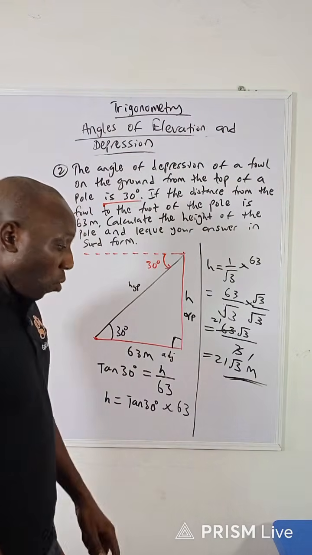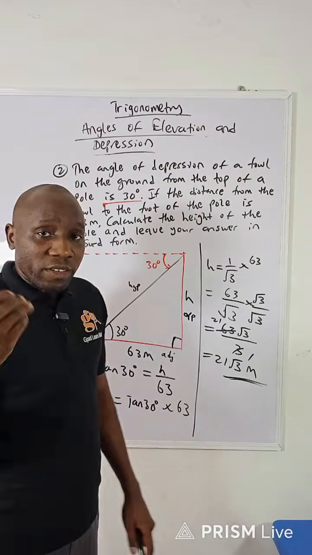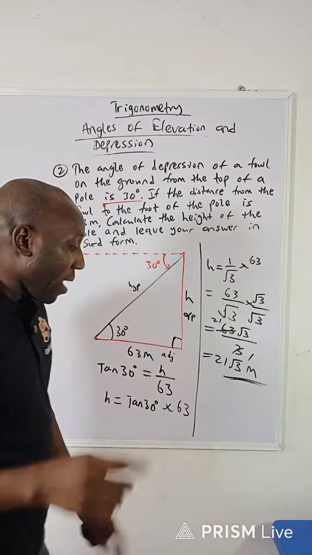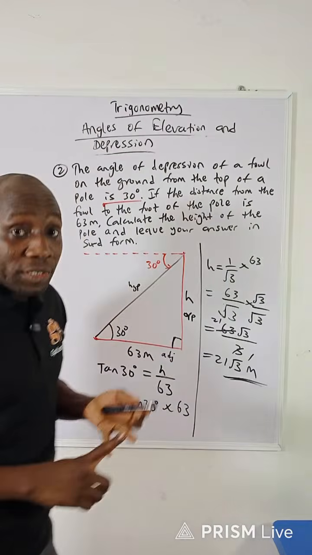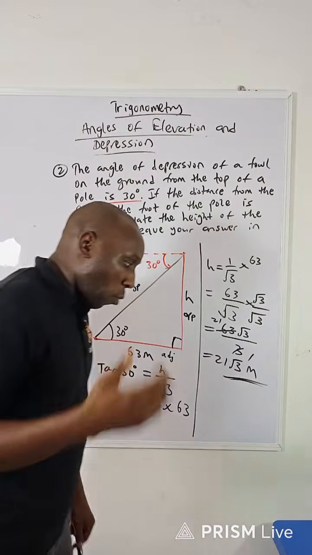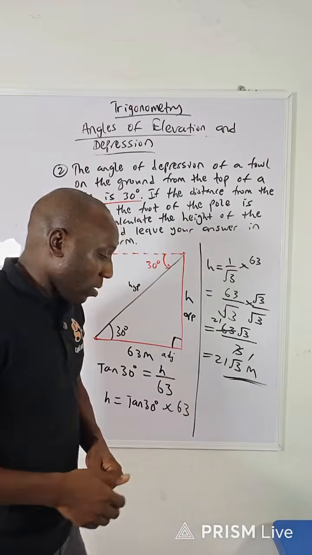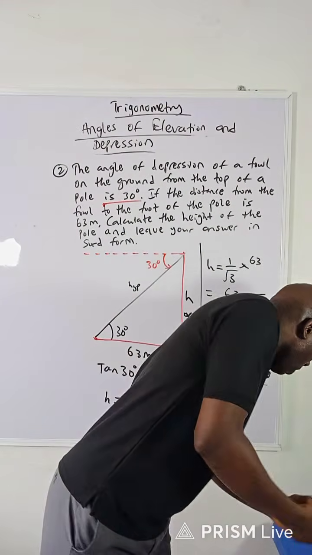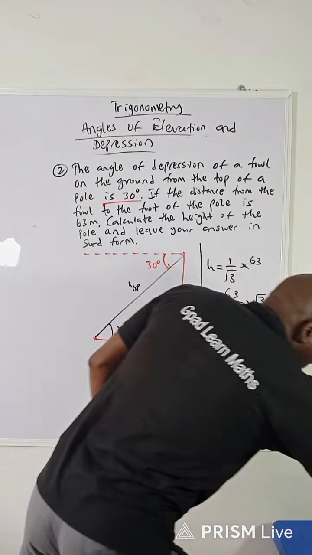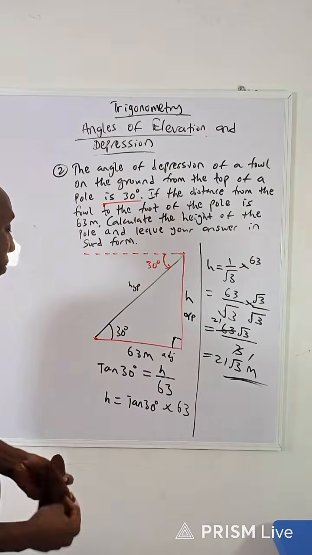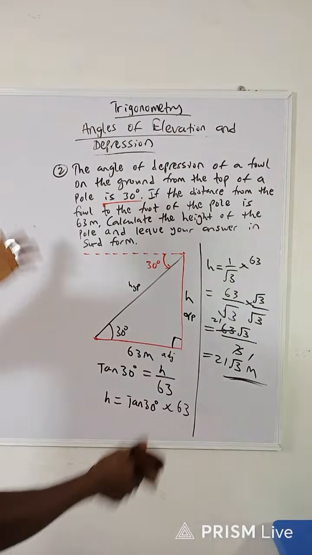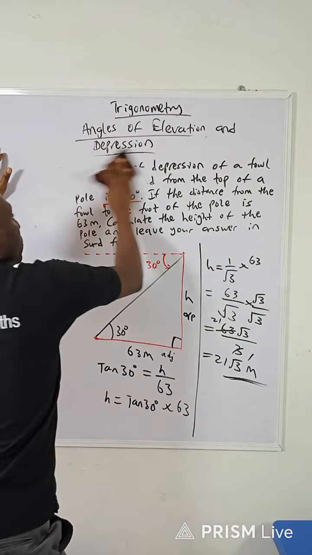We want to now look at even more interesting questions where you have double triangles. That is where we are going to now on angles of elevation and depression. In maybe two more classes or one more class, we'll be done with this aspect of trigonometry. I hope we are all good. Any questions, please drop them in the chat. It's pretty easy because we have done a couple of questions like this.